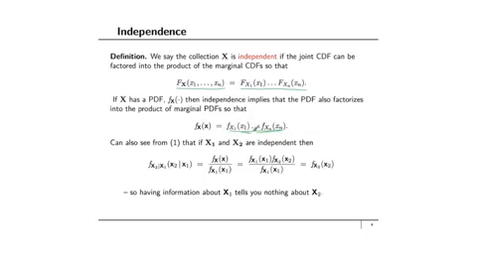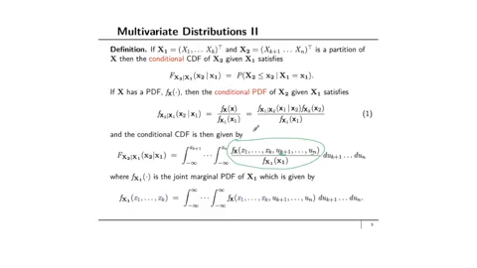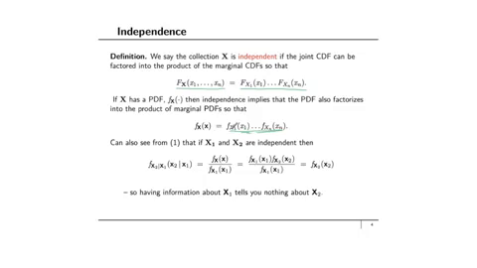We can also see from 1, and 1 is here on the previous slide, so we can use this, okay, to see that if x1 and x2 are independent, then the conditional PDF of x2 given x1, well, by 1 that's equal to this ratio here. It's the joint PDF of x divided by the marginal PDF of x1.